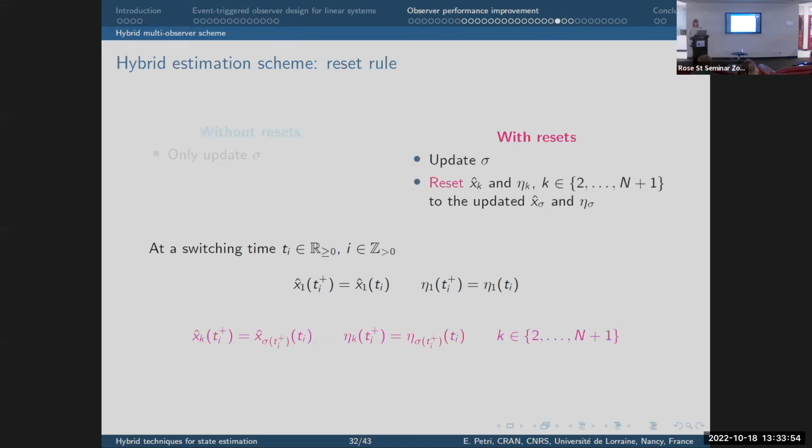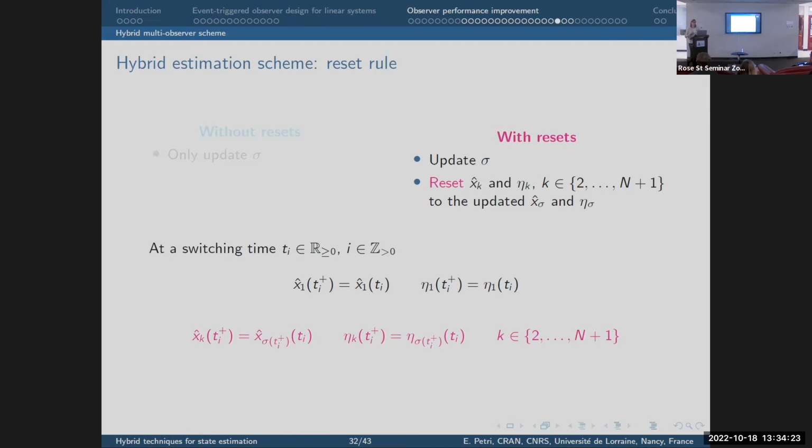Conversely, we also propose another reset rule that is called with reset, which consists not only in updating sigma as before, but also in resetting the state estimate and the monitoring variable of the additional dynamical systems, not the nominal observer, to the updated value x̂_σ and eta_σ. The intuition behind it is that x̂_σ and eta_σ are the ones of the best mode of the multi-observer according to this rule.